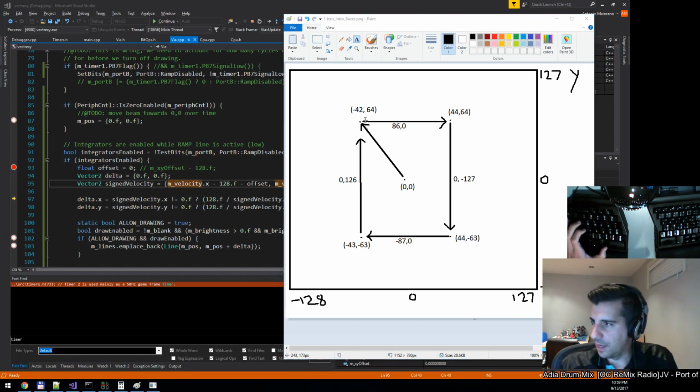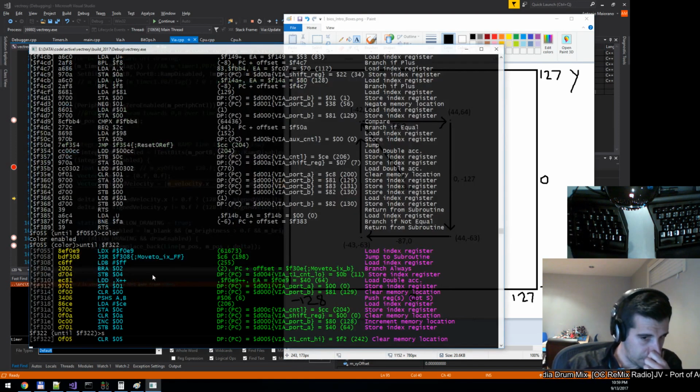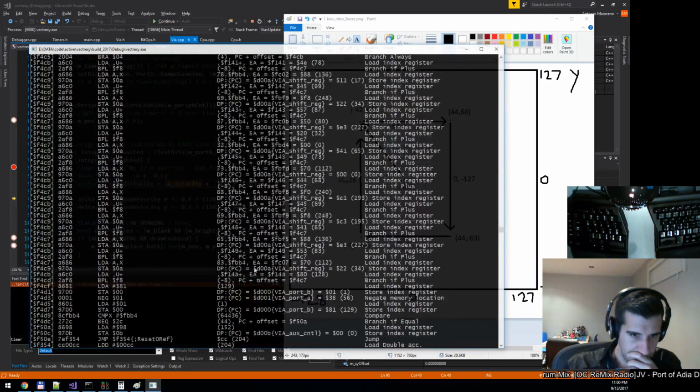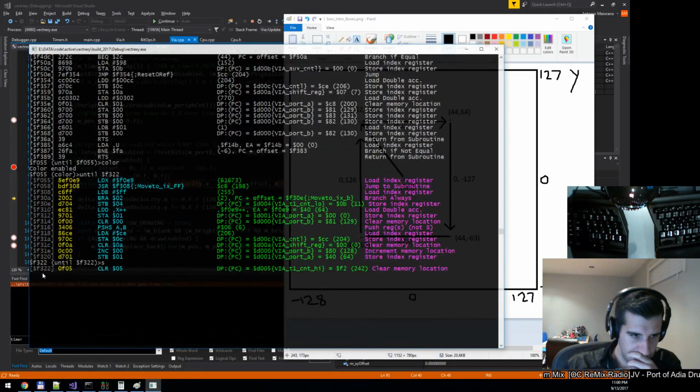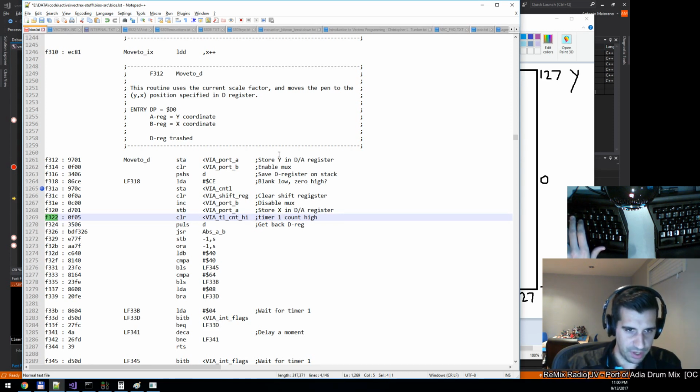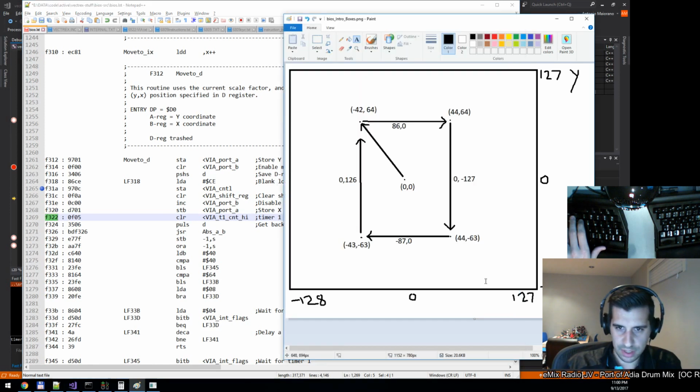Let me look at the output here, the code. F322. Yeah, so this should be when we're about to do the initial move. So really what we should have in here is minus 42, 64.